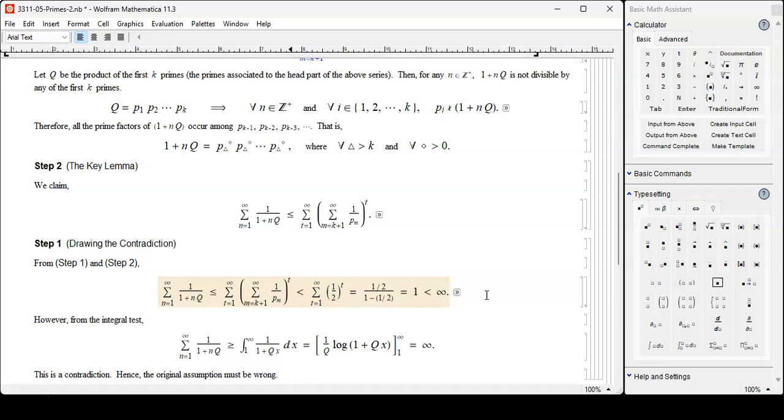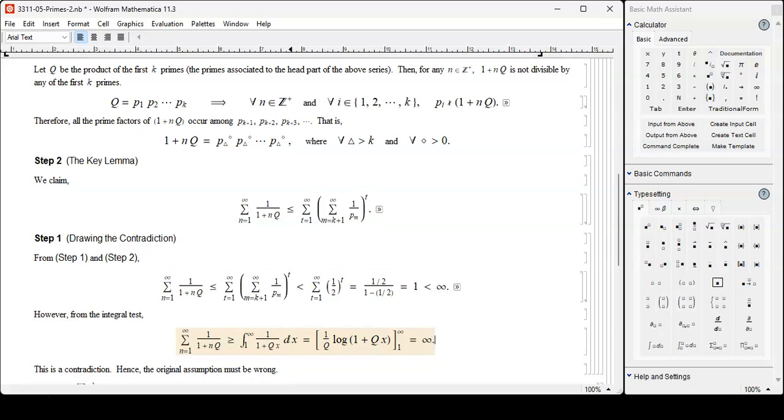But then again, if you apply the integral test here, and this versus this integral, we can calculate this integral. It is 1 over q log of 1 plus qx, where x is going from 1 to infinity. That's infinity. There goes a contradiction. This thing is infinity on one hand by the integral test, finite on the other hand. So there goes a contradiction.